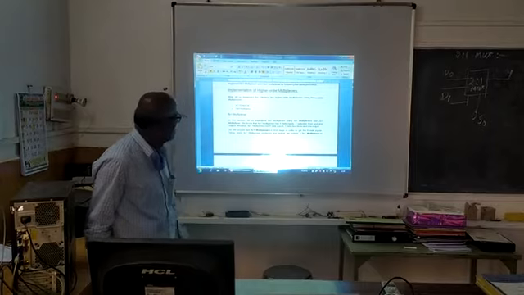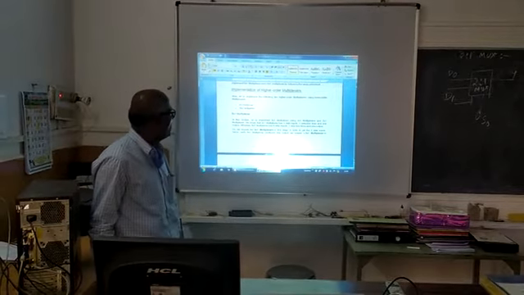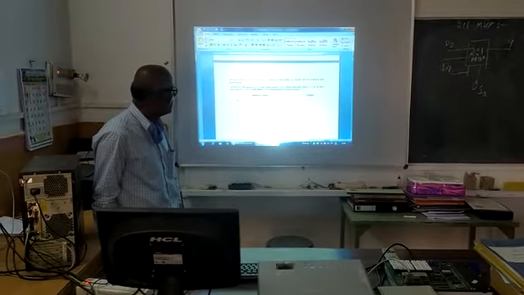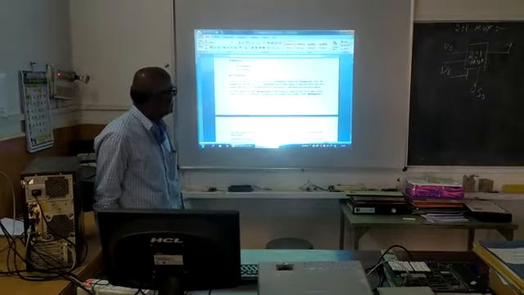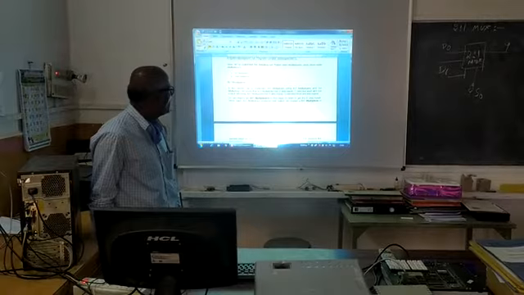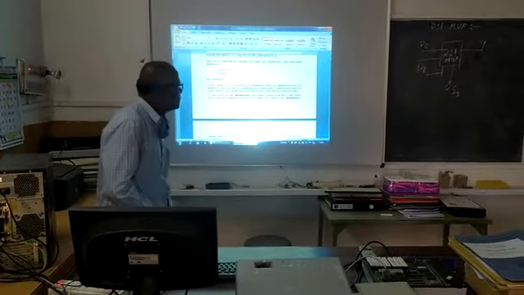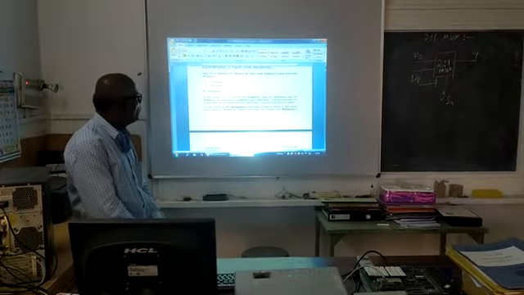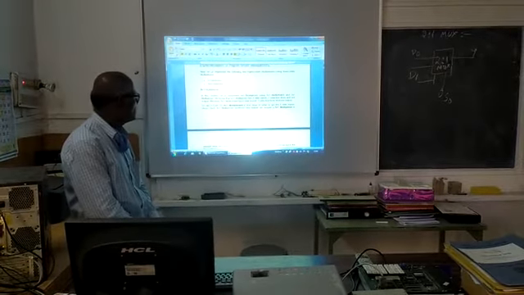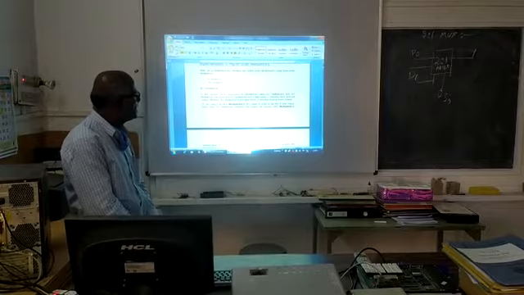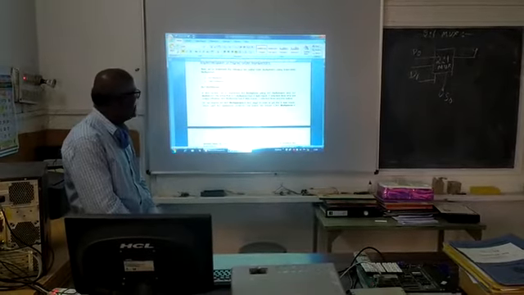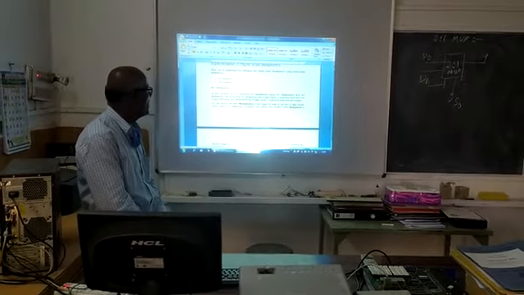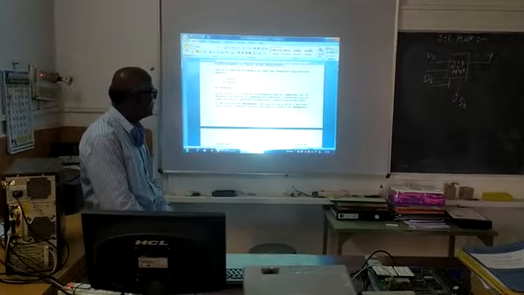Similarly, we can go for 8:1 multiplexer and 16:1 multiplexer also. In the case of an 8:1 multiplexer, there are 8 data lines and only a single output response. By using 4:1 and 2:1 multiplexers, we can implement the 8:1 multiplexer.